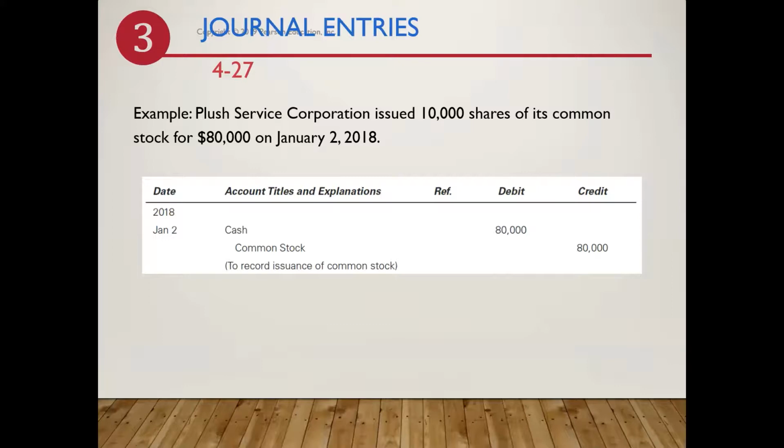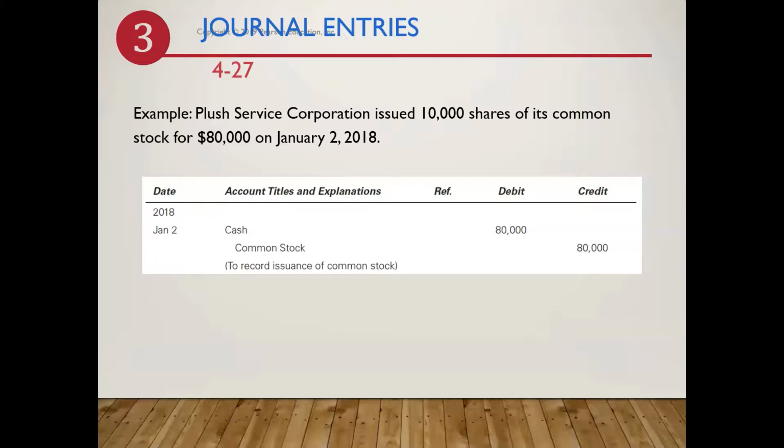The dollar amount debited is $80,000 and is placed in the debit column. The amount credited, which is common stock, is indented to the right a few spaces over. So you see the dollar amount is credited for $80,000 and it is placed in the credit column.